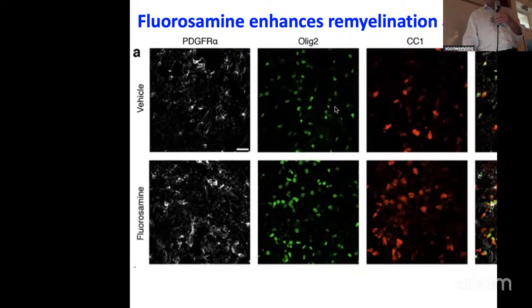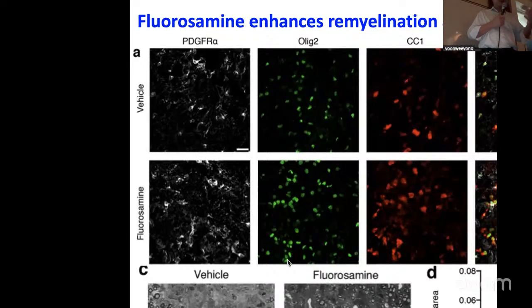And you see that treatment from day 2 to 7 following lysolecithin demyelination, in this case, promotes the number of mature oligodendrocytes that form. We think this is consistent with the idea that the production of an inhibitor has been reduced. And looking at myelin reformation using EM and this quite crude score, we got a value of P equals 0.05, just significant in the case of fluorosamine treatment for profiles of remyelination.